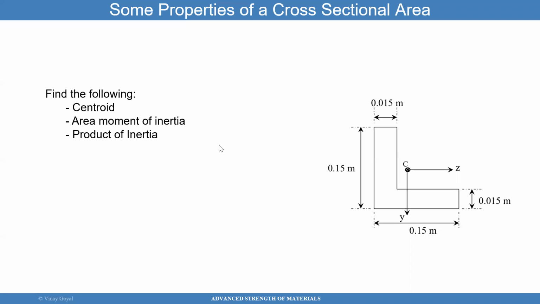And in this case, for the dimensions provided here, we're trying to determine the centroid of this cross-section, or the location of point C. We're also trying to determine the area moment of inertia of this cross-section, and then finally, the product of inertia. Let me walk you through that process for this particular problem. That's going to be important for what I'll cover a little bit later.